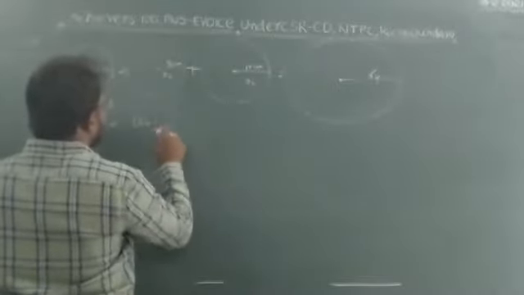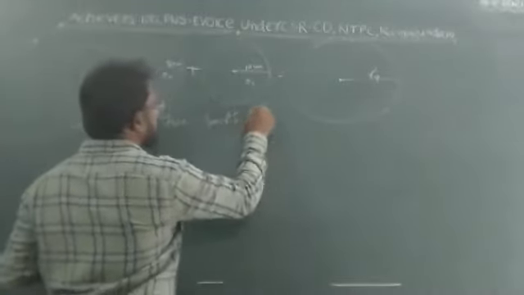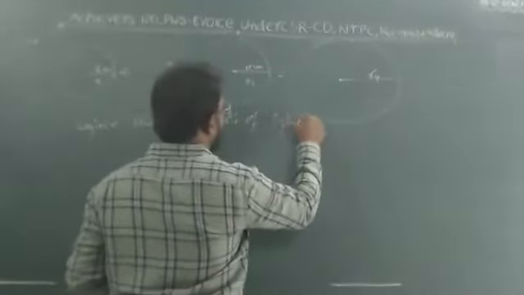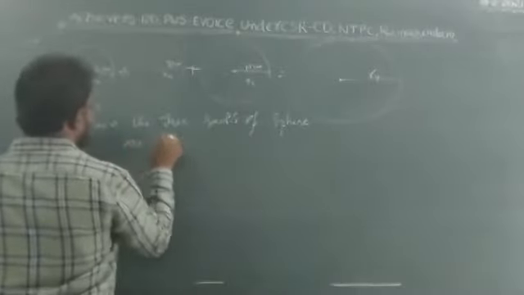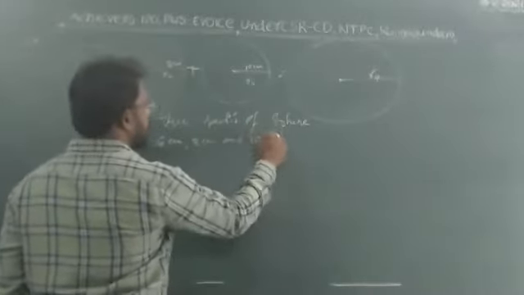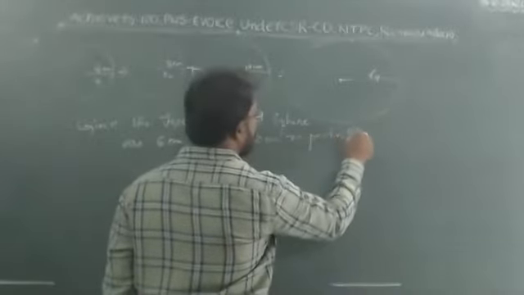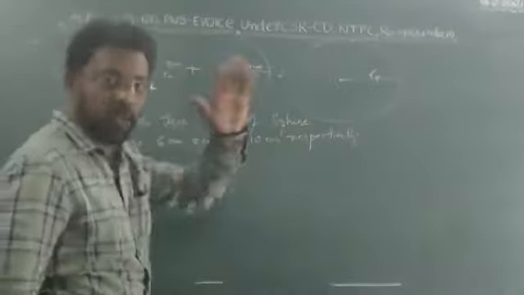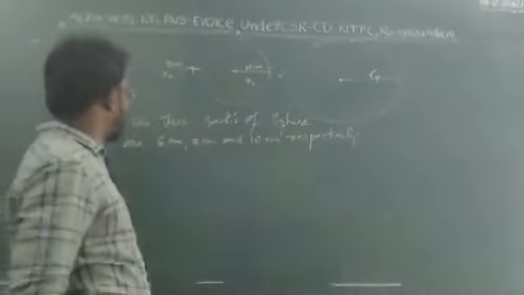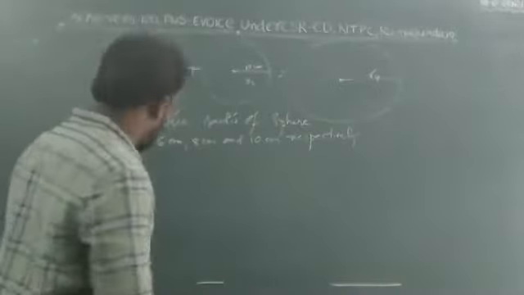Given: the three radii of the spheres are 6 centimeters, 8 centimeters, and 10 centimeters respectively. Respectively is nothing but order: first 6, 8, 10.